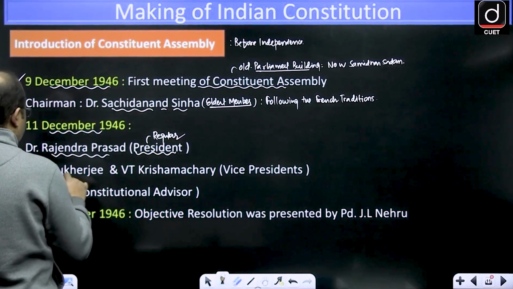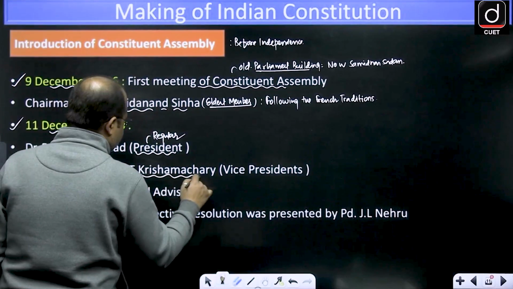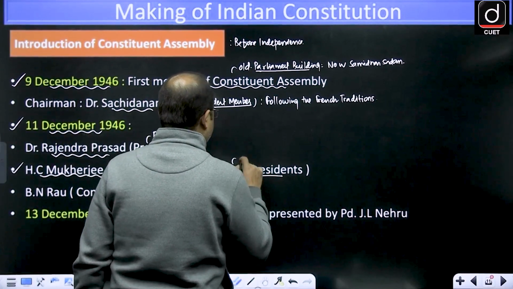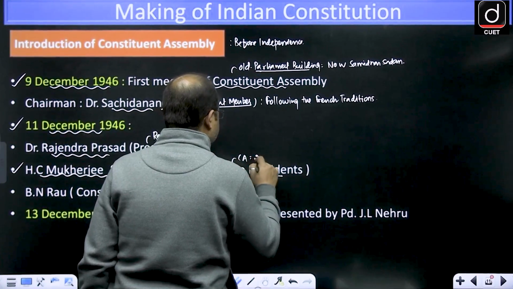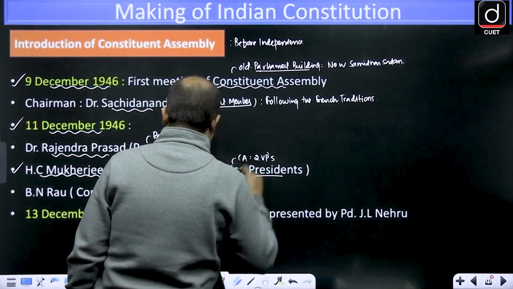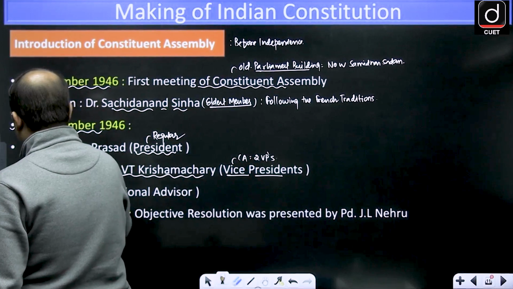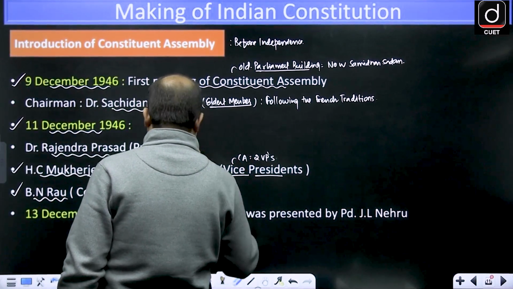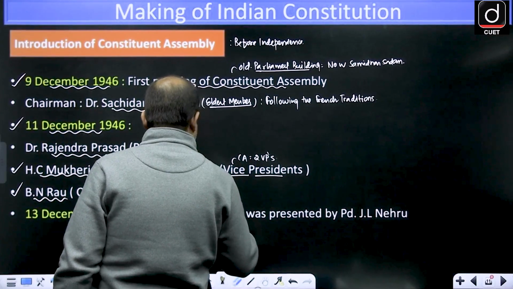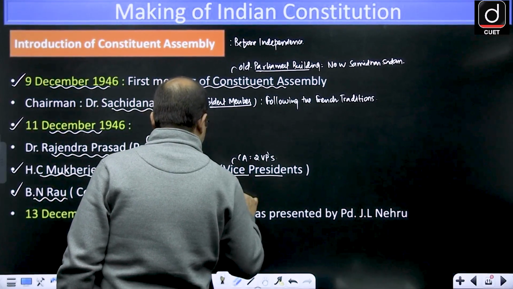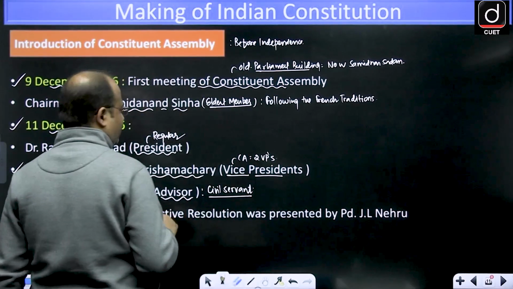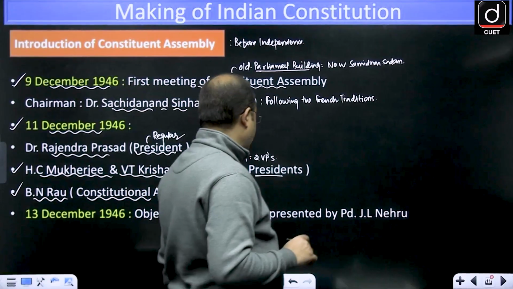Then Harendra Kumar Mukherjee and V.T. Krishnamachari became vice presidents, so the Constituent Assembly had two vice presidents. Third was Benegal Narsingh Rao, a civil servant, who became the constitutional advisor.